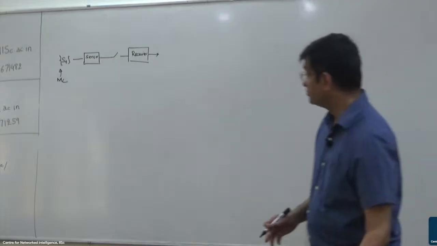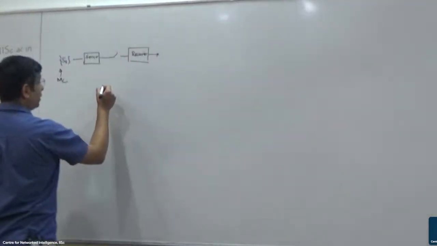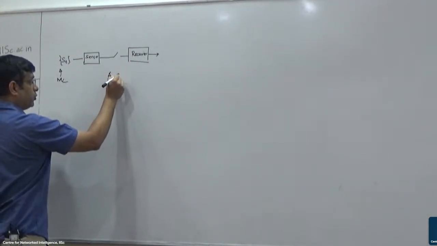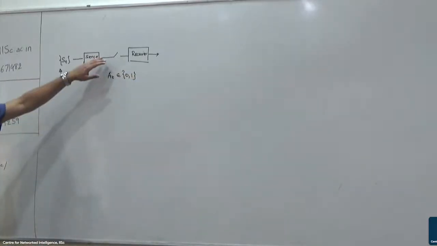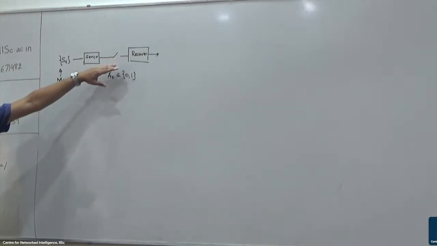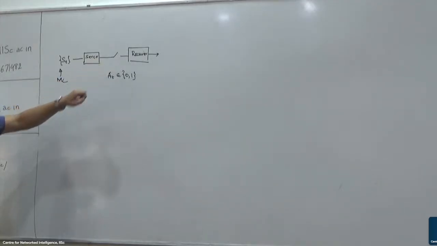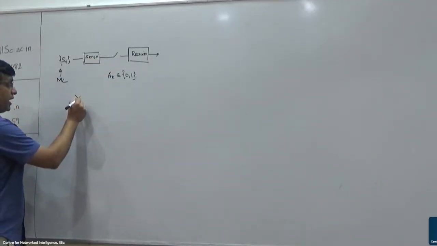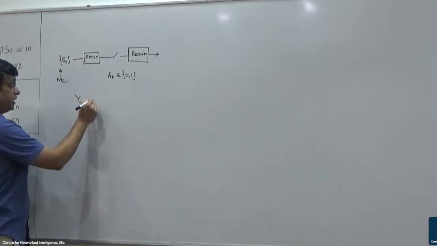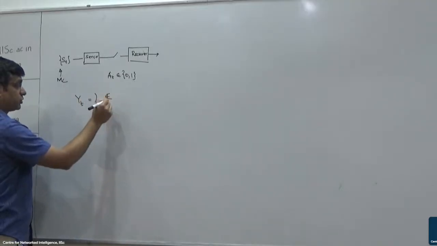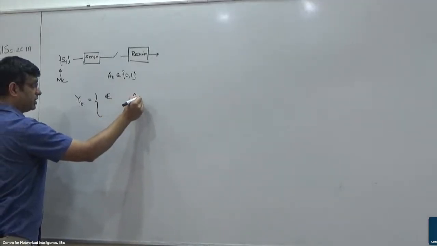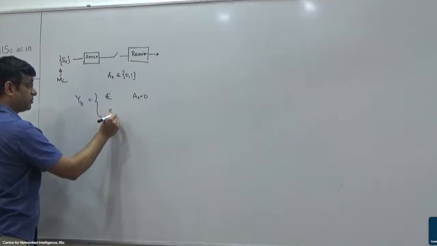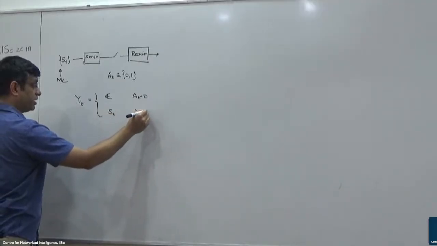So it has to take an action A_t, which is 0 or 1. A_t equals 0 means that the receiver does not observe anything. A_t equals 1 means that the receiver observes the state of the Markov chain. So my observation is going to be blank, I'll denote it by this calligraphic E if A_t is 0, and it's the state of the Markov chain if A_t is 1.